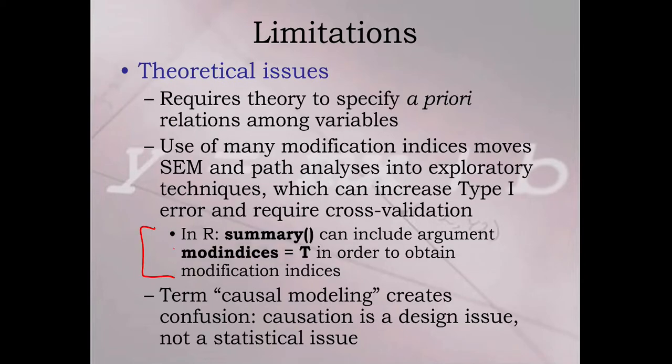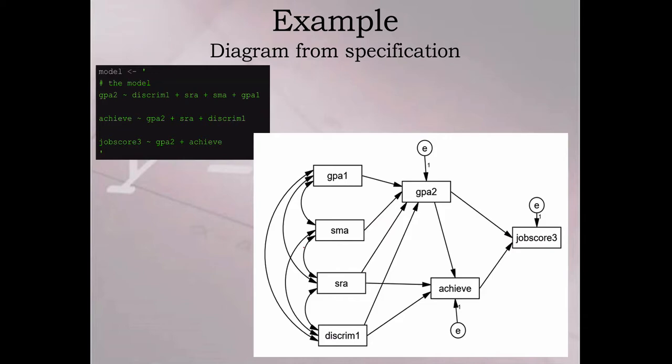After you specify your model, if there's anything with your model that could be improved, if you include this argument in summaries, then it's going to tell you how to fix your model so that it fits the data better.